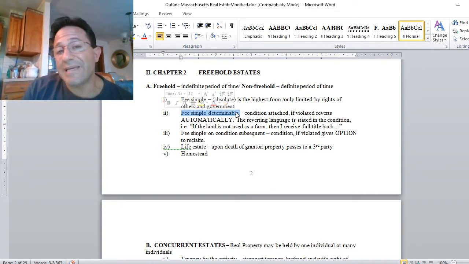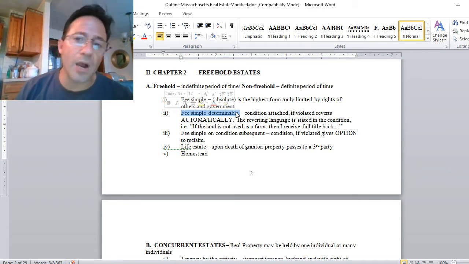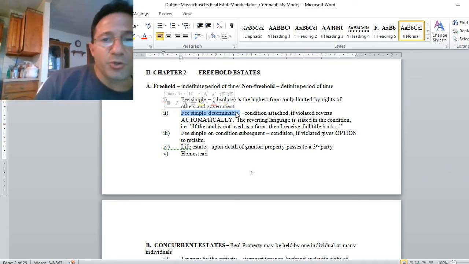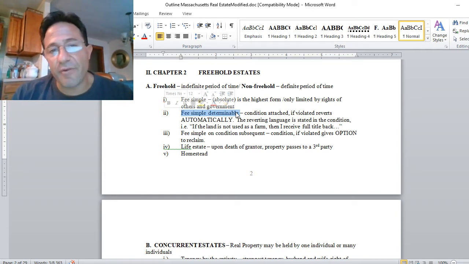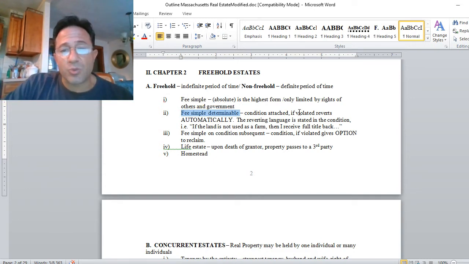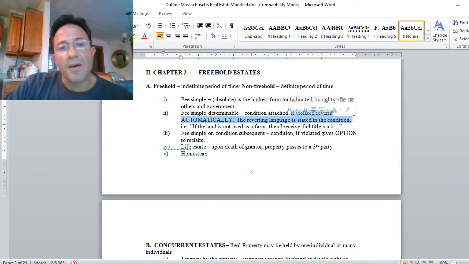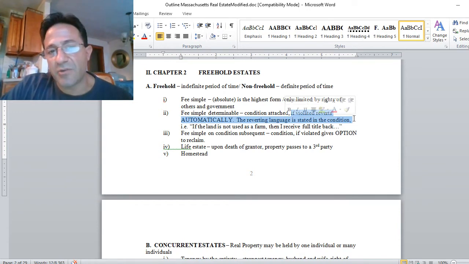Okay, so usually it's the person who gave title. The grantor, right? You would be the grantee in this scenario. I would get title back. And so it would revert back to me automatically. So a fee simple determinable is a condition attached, which if violated, reverts automatically to the grantor. The reverting language is stated in the condition. So my condition that I placed on your deed was stated there, and I also stated the result if you violated my condition, right?